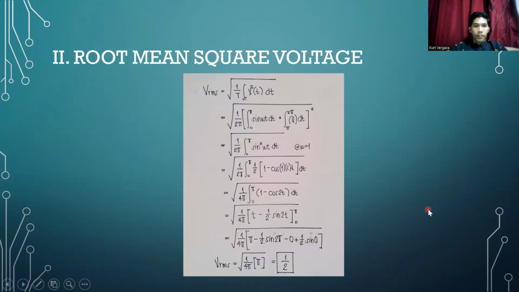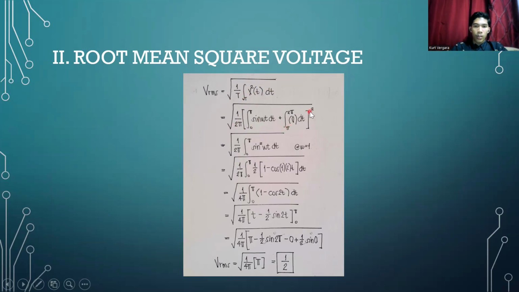So next, the root mean square voltage or RMS voltage. The formula to get the VRMS is square root of 1 over T integral of x of t squared dt. So substitute the fundamental period, which is 2 pi. Substitute the piecewise function.